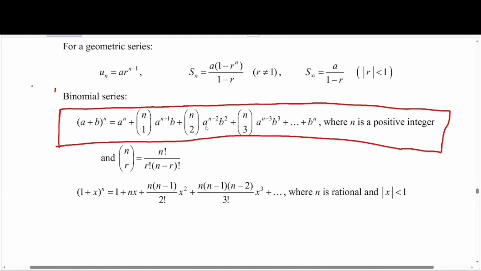And for question number 4, find the first three terms in ascending powers of x in the expansion of this binomial. We're going to apply the binomial expansion over here. So the first term is A, the second term is B, in this order.